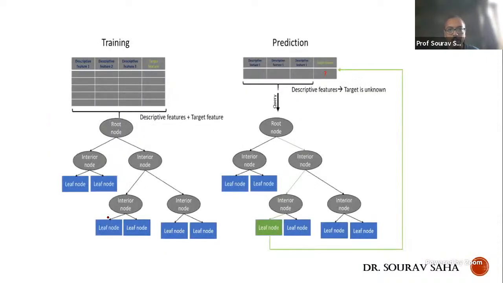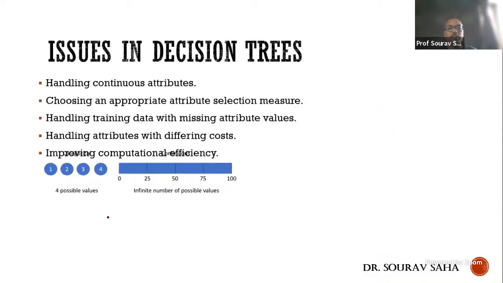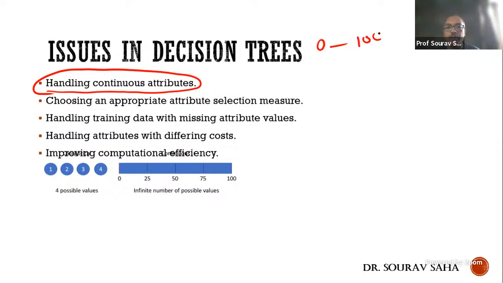Let me take you to the issues in decision trees, and then we'll jump to regression. One of the issues in decision trees is handling continuous attributes. You might ask, Professor, you have already said that a decision tree can handle continuous variables. Yes, it can, but how continuous variables are handled is by creating several classes. Let's say in a class the marks go from 0 to 100. Whether to split at 1, 2, 3, or let's say 67, I don't know.